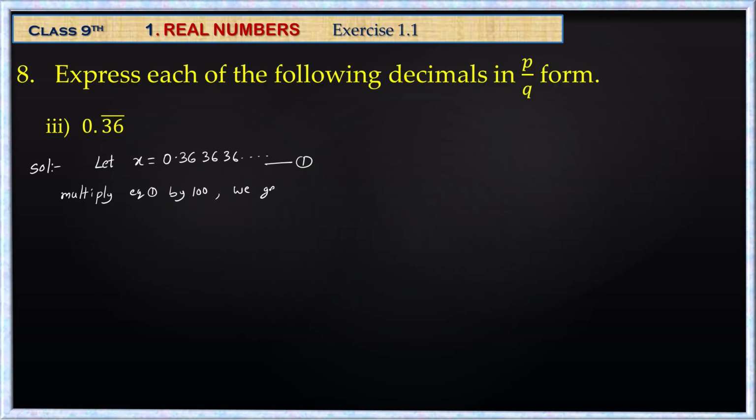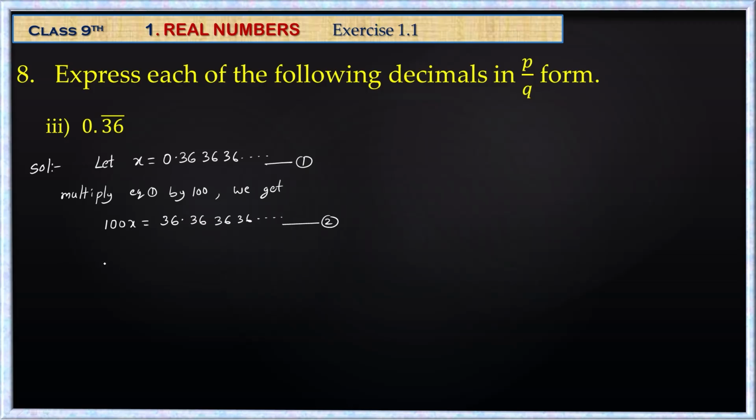We get 100x is equal to, the decimal point moves two digits right side by multiplying with 100, so it becomes 36.3636 and so on. Call it as equation 2.